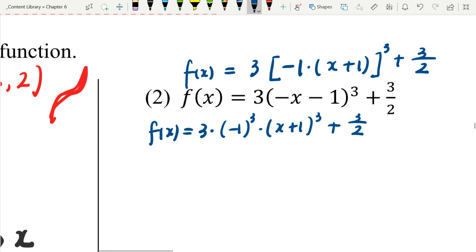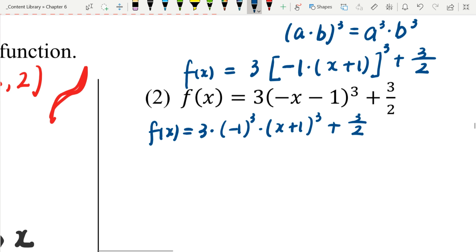Index law, so (a times b) cubed is a cubed times b cubed. So it's (minus 1) cubed times (x plus 1) cubed. Something times something to the power of n is that to the power of n times that to the power of n.